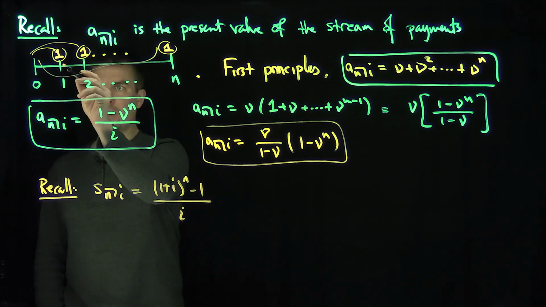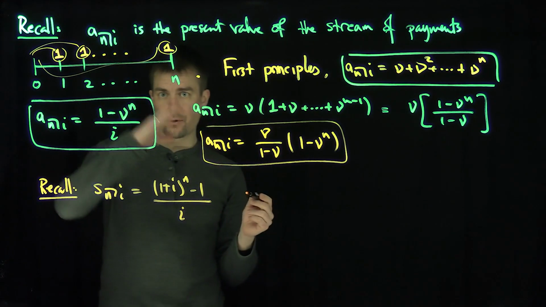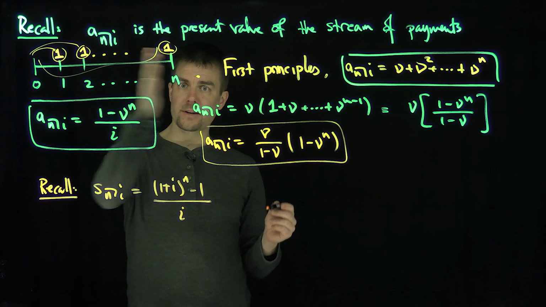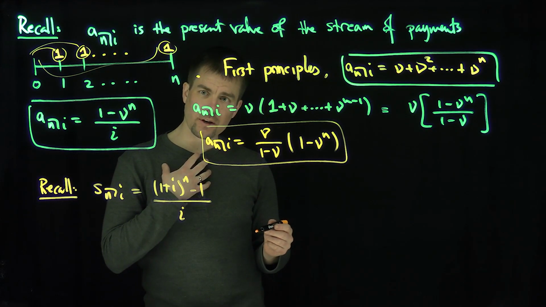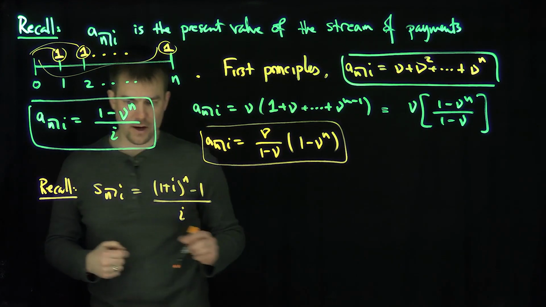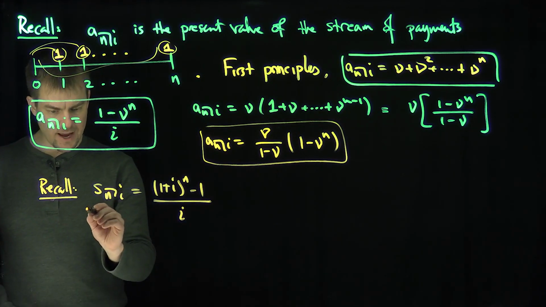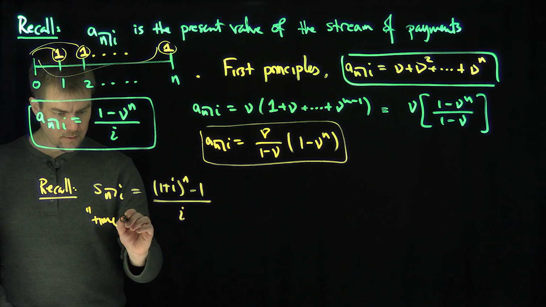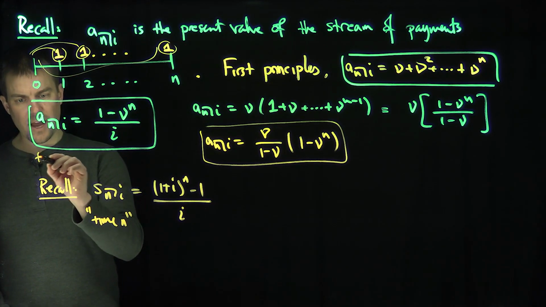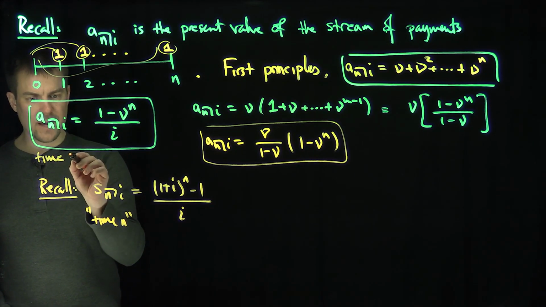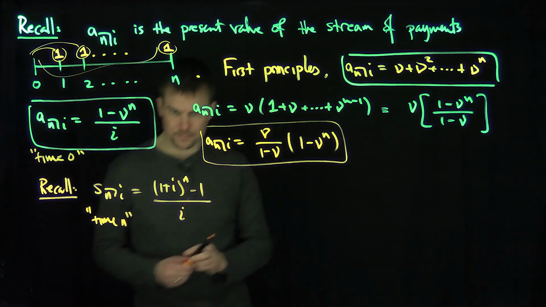That's the accumulated value. If you put in $1, put in $1, put in $1 all the way to time n, that would be the accumulated value of what you have at that time, not the present value. Accumulated values are at time n. And these present values are at time 0 for our annuities.